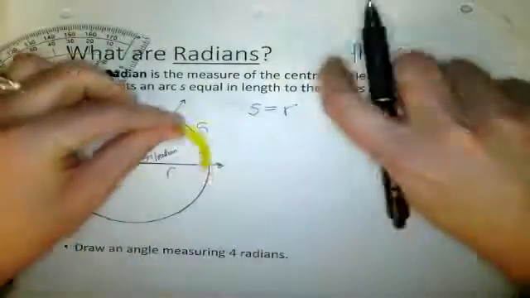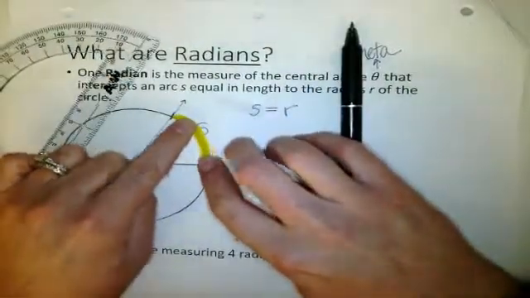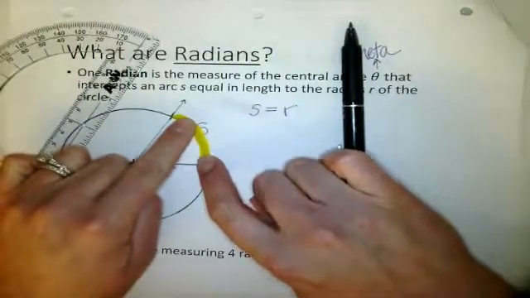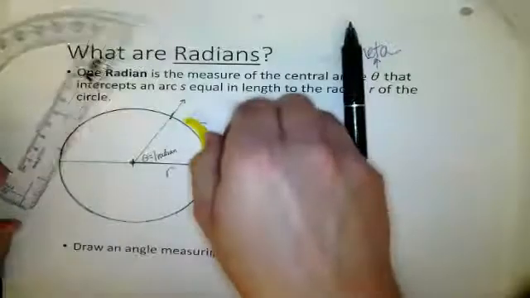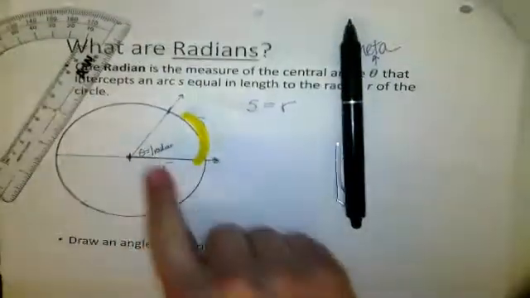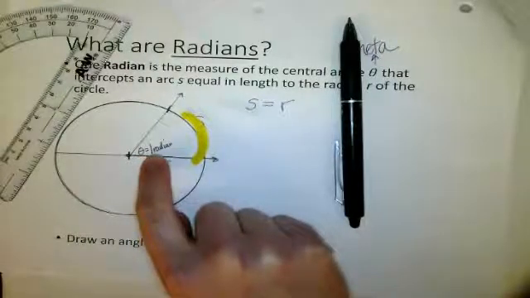So I took my radius length and I wrapped it on the rim of the circle. Okay. So now, how do you make 2 radians? Theta equals 1 radian.